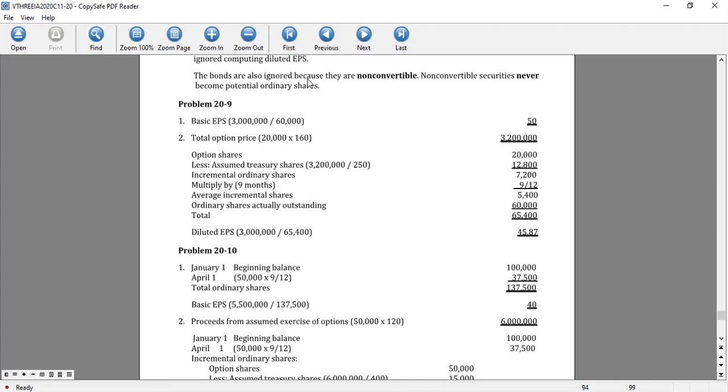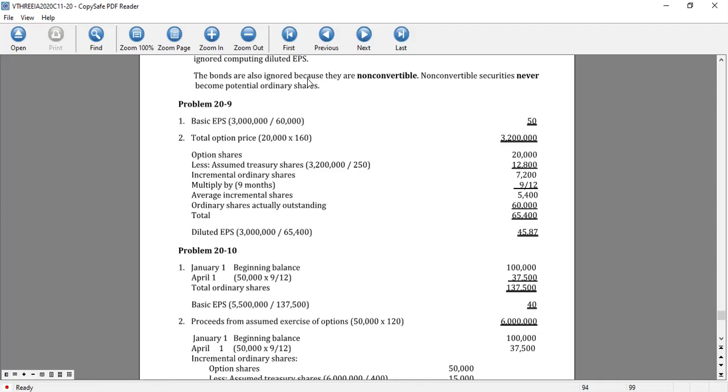So we have the assumed treasury shares at a cost of 250 per share. So incremental ordinary shares are 7,200, and multiply by 9 months, considering April 1. So we have the assumed treasury shares at 12,800, and then incremental ordinary shares of 7,200 multiplied by 9 over 12.